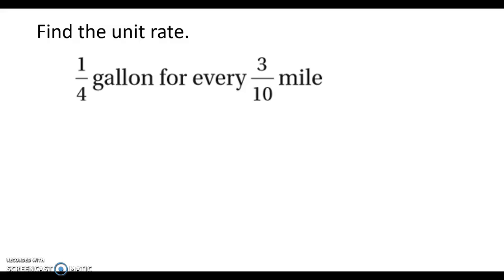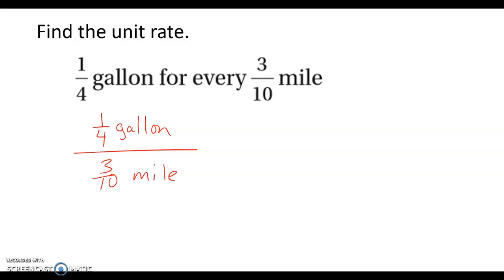Okay, so we want the unit rate of 1/4 of a gallon for every 3/10 of a mile. So you're going to take the 1/4. You can use your calculator with those fractions, or you can use the Desmos scientific calculator on the computer, which also has fractions.